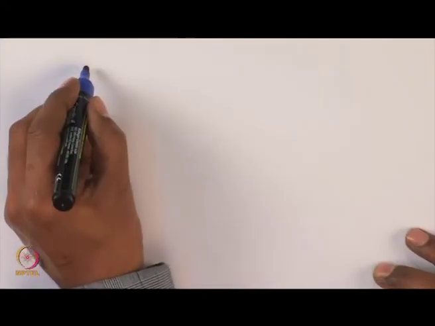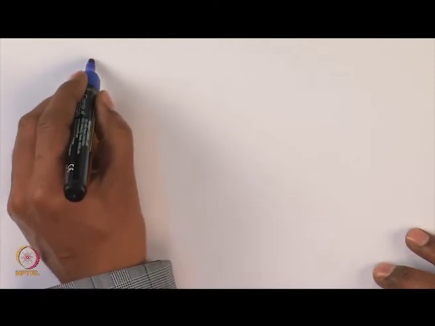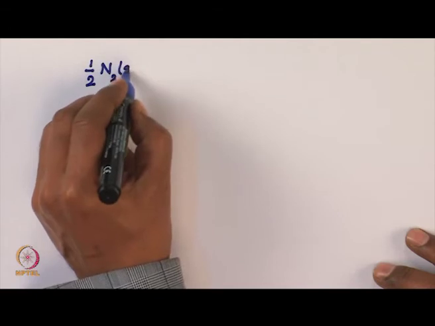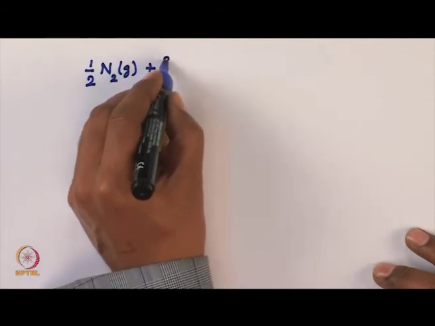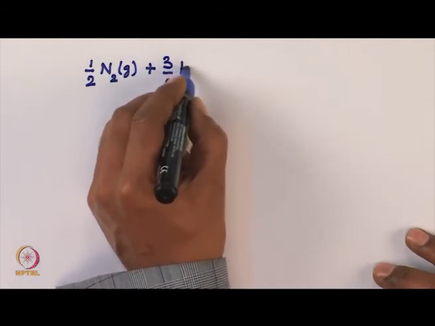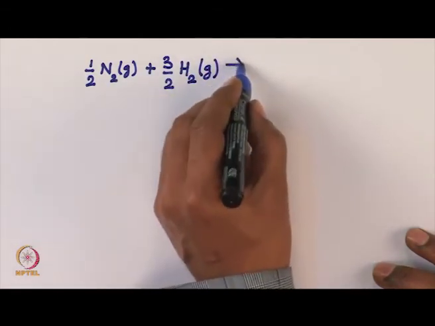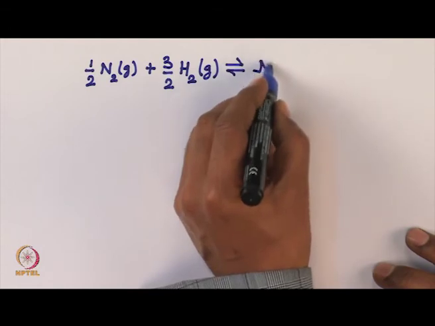Formation of ammonia can be written as half nitrogen gas plus 3 by 2 hydrogen gas forms NH3.